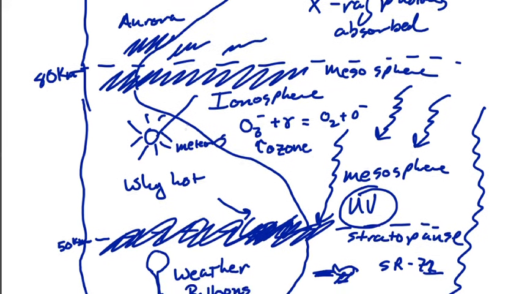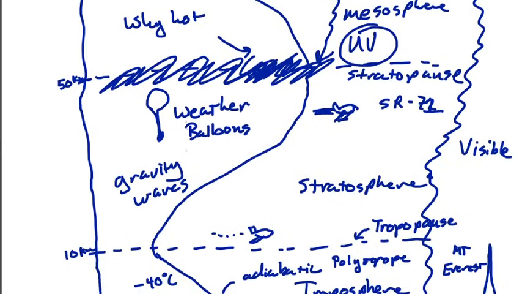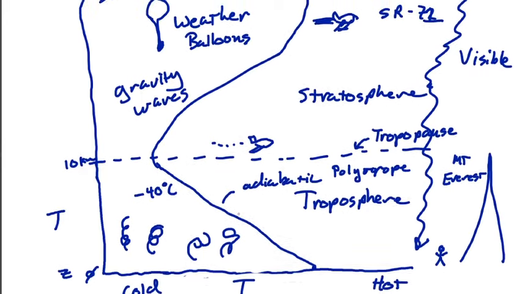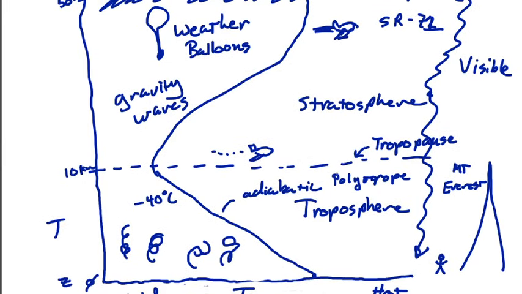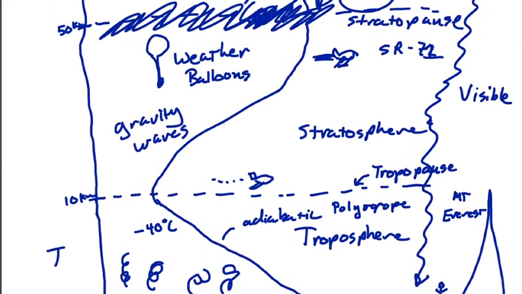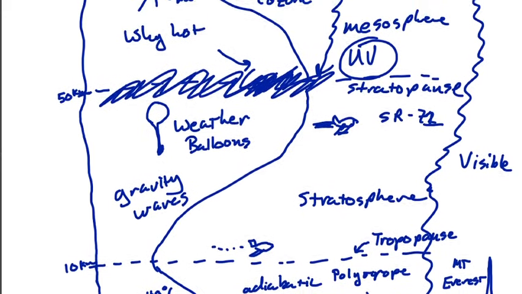And this is basically the Earth's atmosphere. So going back down to the bottom, we have the troposphere, a convection zone where we live and where all the topography of the Earth exists. We have the stratosphere, where the temperature begins to increase again due to the absorption of ultraviolet light by ozone in particular.